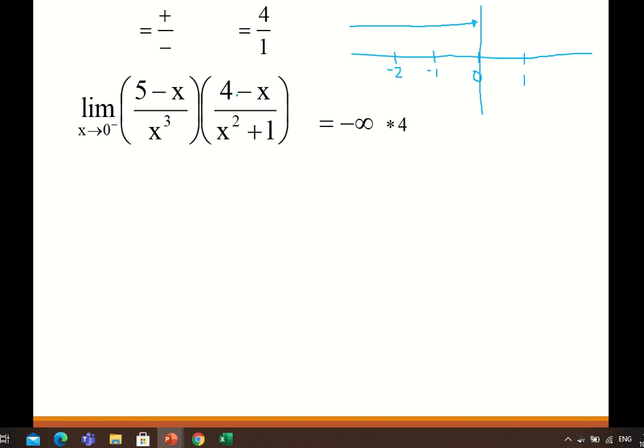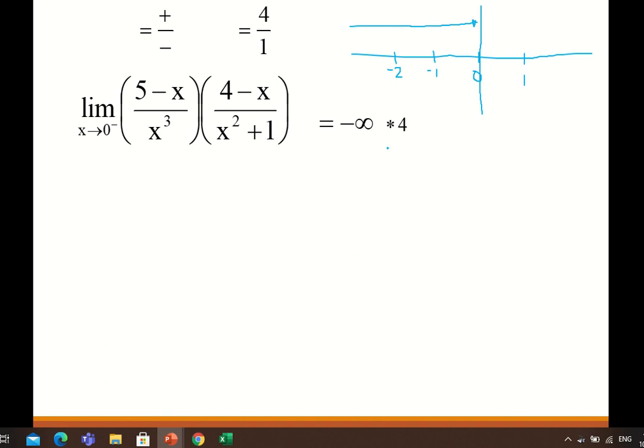Here we have 4 minus a very small number. Say 4, this becomes minus minus, so 4.0001. So here we have, say, 0.00001, you square that one, then plus 1, so that becomes 1.000001, so almost 1.